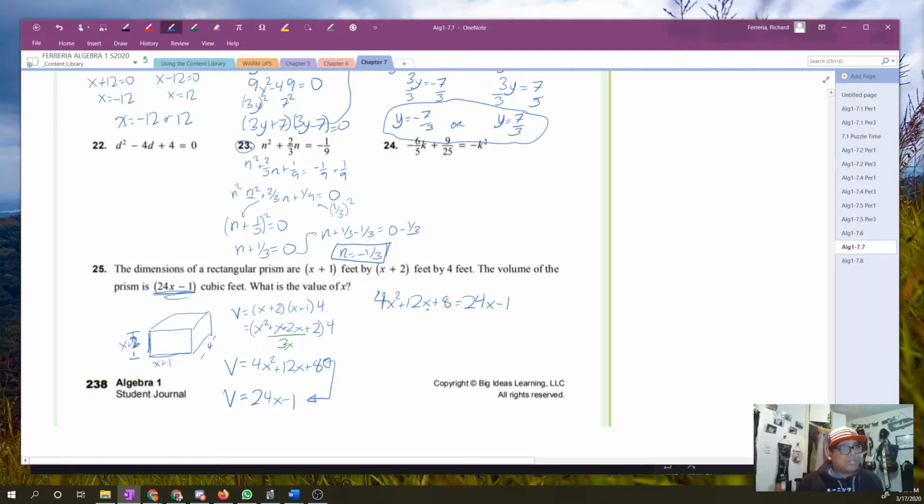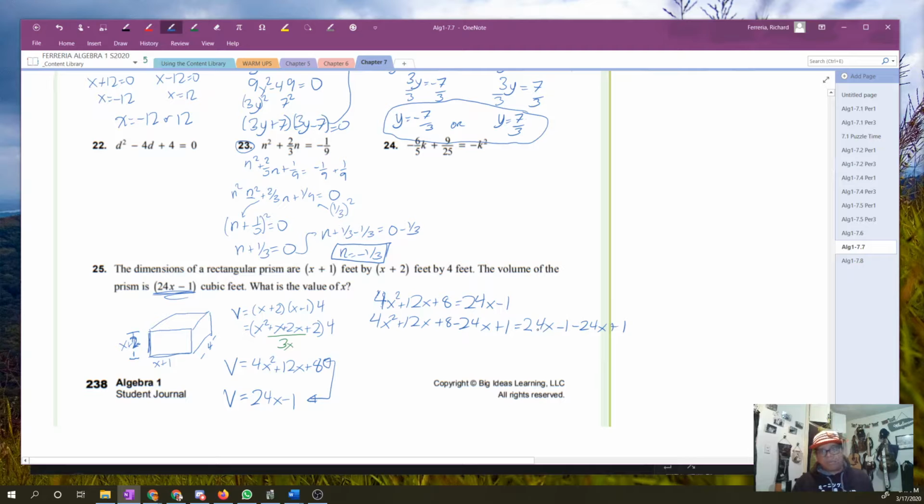All right, we're going to do some solving here. You got 4x squared plus 12x plus 8. Let's subtract the 24x, and let's add a 1, and that's going to be equal to 24x minus 1 minus 24x plus 1.